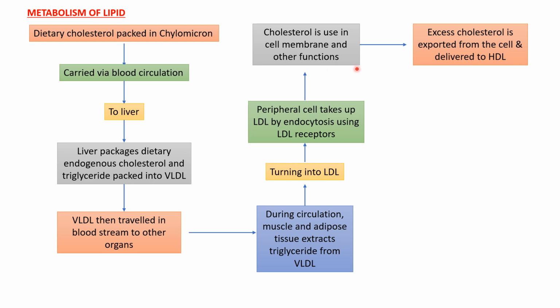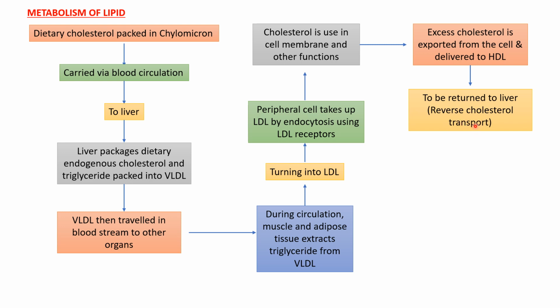After that, the excess cholesterol, the cholesterol which remains after performing all these functions, is exported from the cell and delivered to HDL, that is high density lipoprotein. Then this HDL is returned to the liver, and the process is called reverse cholesterol transport.